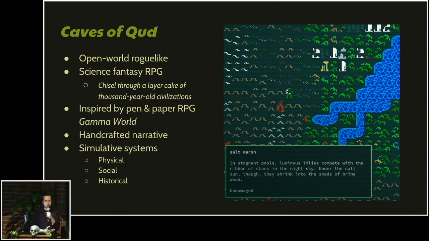There are social systems, a complex network of NPCs and factions that you can interact with and gain reputation with. And then most recently, there's this historical system. At the start of every game, we generate a new history, and we use that to seed the world generation. Those locations from the history end up being instantiated in the world, and they're places that you can explore.